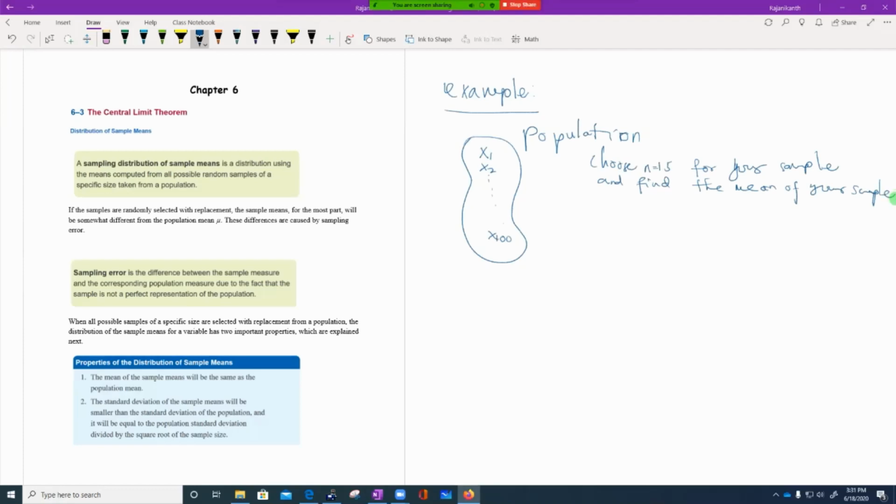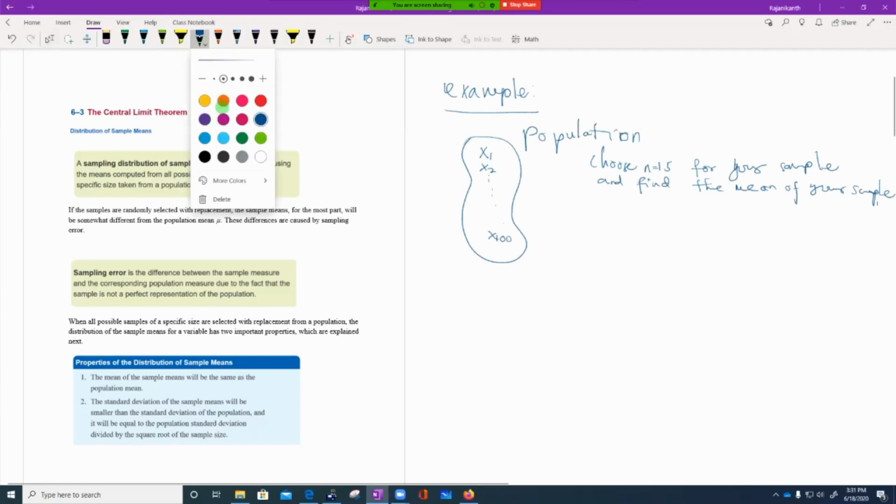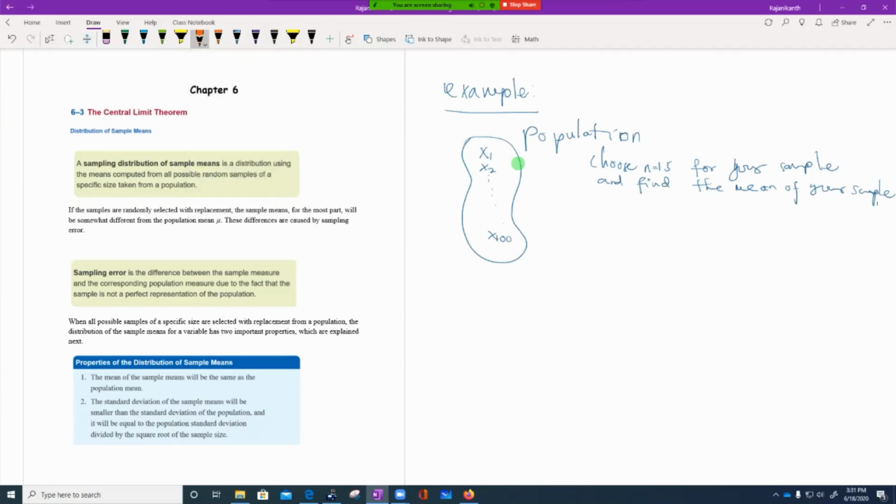Okay. So what does that mean? That means you are asked to draw 15 data values from here. So you are asked to choose 15 of these 100 values. Then you are putting that into your sample.